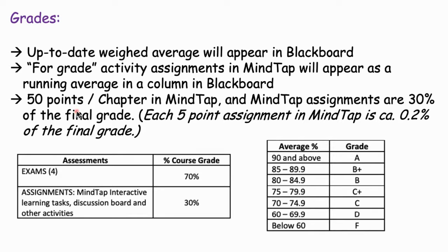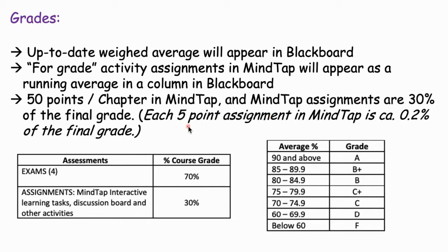Roughly 50 points are available per chapter in MindTap. We have 19 chapters. That comes out to something like 950 points available. Most of the time, if you keep up with things, you get most of those points. The main thing is to keep up and go through it and take those things for grade and accumulate most of those points, because that adds up to 30% of the final grade.